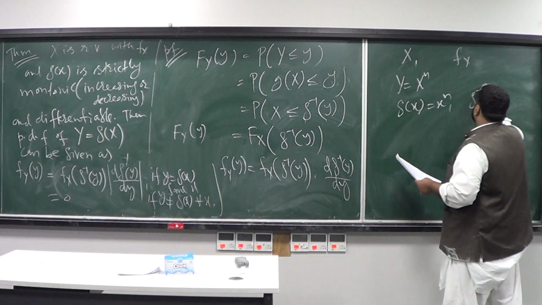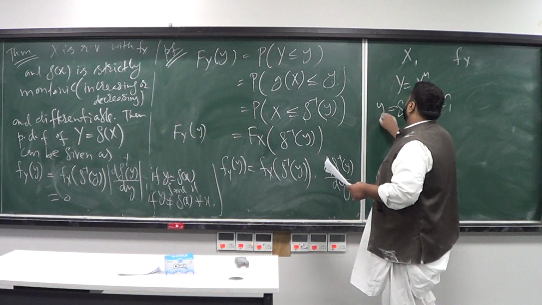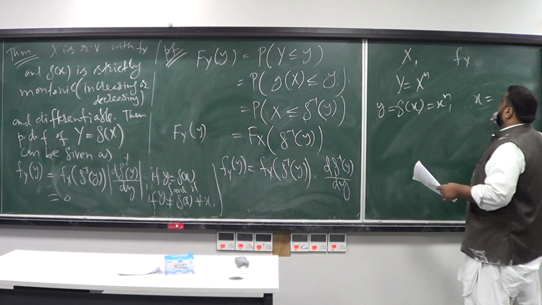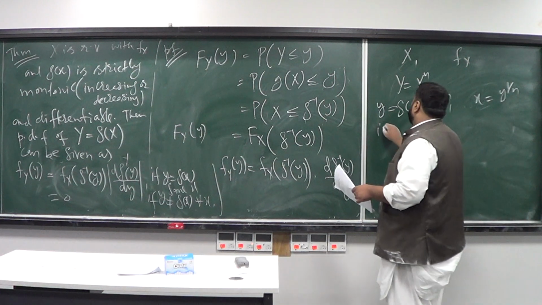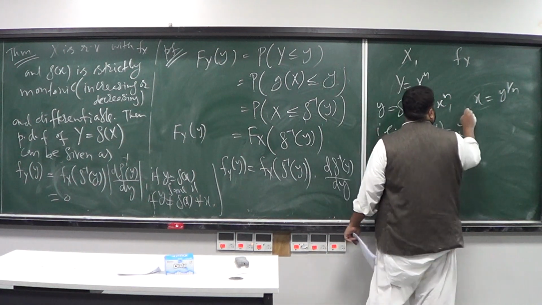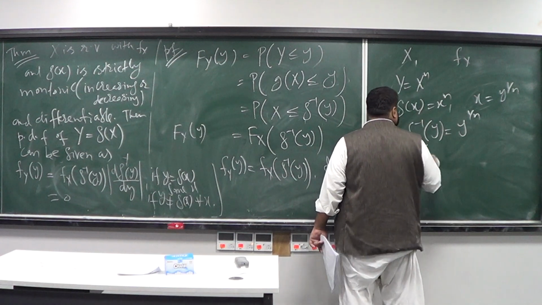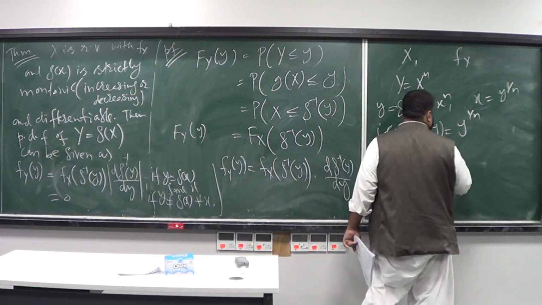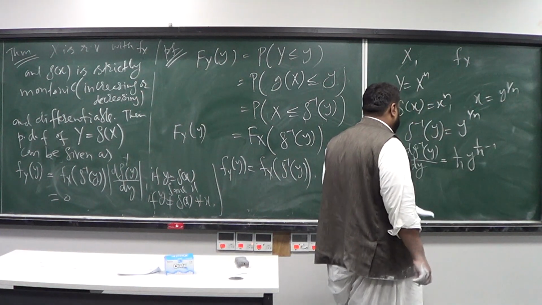What would be the inverse of this? Let's give this the name y. Then x is y to the power 1 over n, that is, g inverse of y is y^(1/n). And the derivative of g inverse of y with respect to y is 1 over n times y to the power 1/n minus 1.